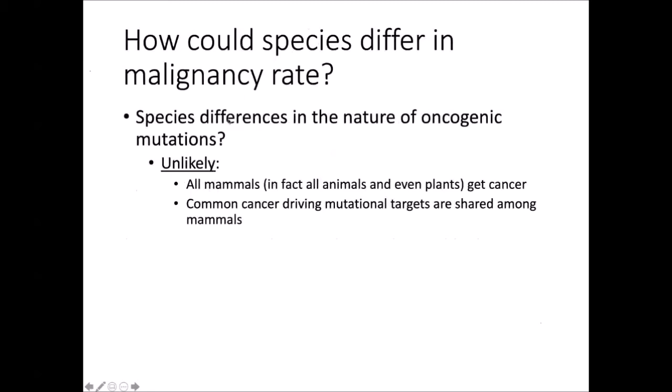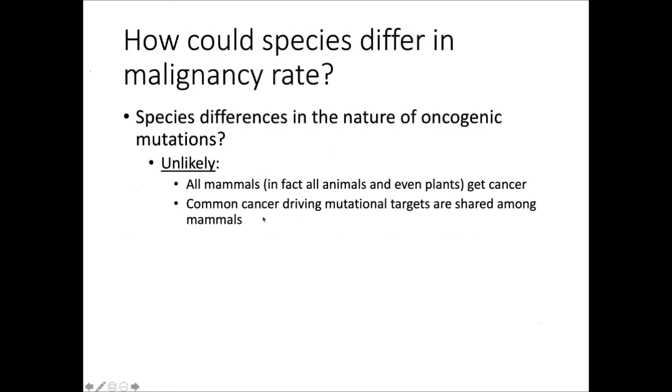So one factor we should consider is that maybe species differ in the nature of the oncogenic mutations, which is possible to think about because the genomes are different. But overall, I think that's rather unlikely because all mammals, and in fact all multicellular organisms like plants and all other animals, invertebrates, do get cancer. And the common cancer-driving mutations are on genes that are widely shared among mammals.